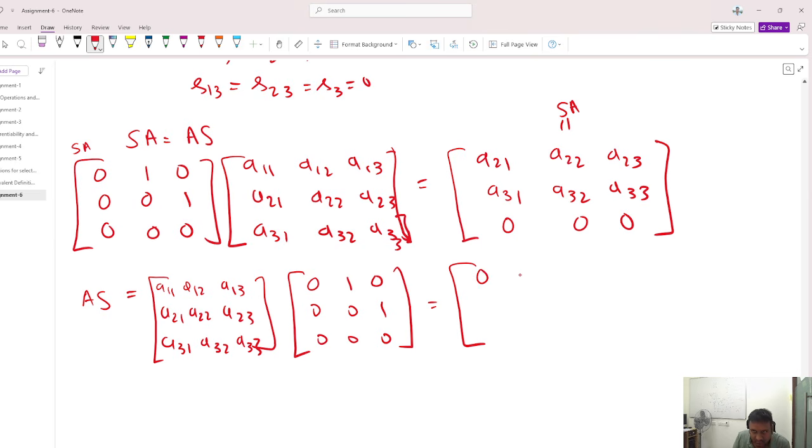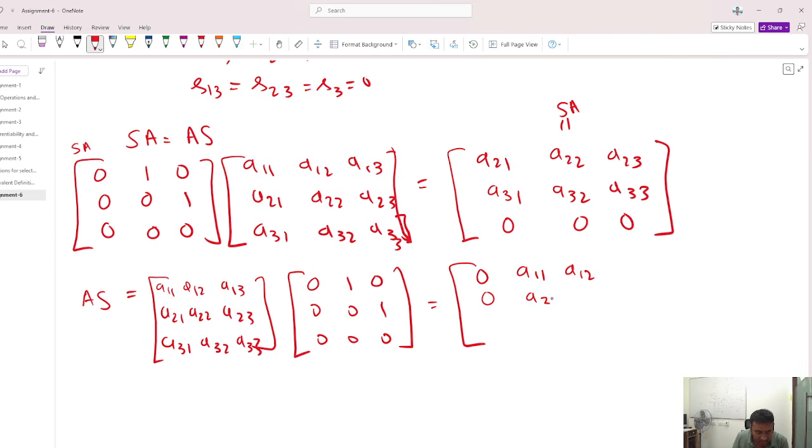0. Very nice. Second element will come. This with this 0. This with this A11. This with this A12. Then again 0. A21.